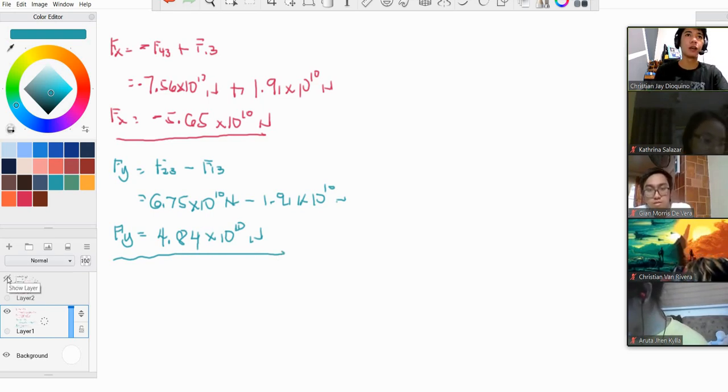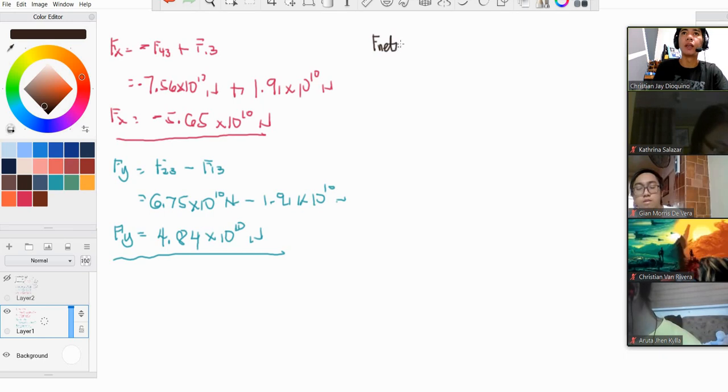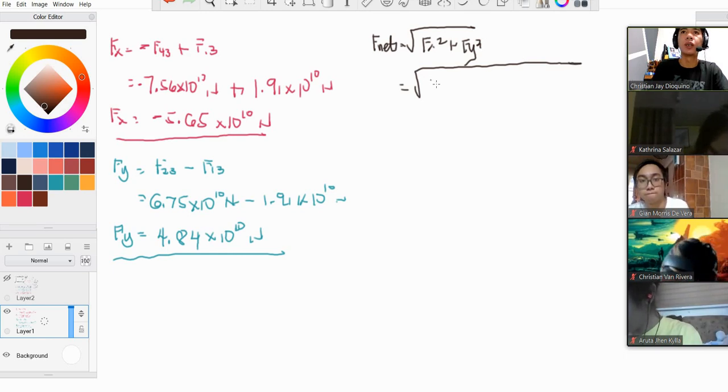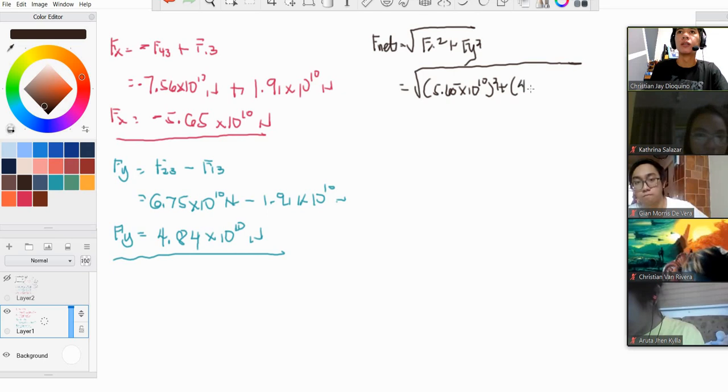Next is to get the Fnet. So we have Fnet equals the square root of Fx squared plus Fy squared. Then substitute: 5.65 times 10 raised to 10, squared, plus 4.84 times 10 raised to 10, squared.